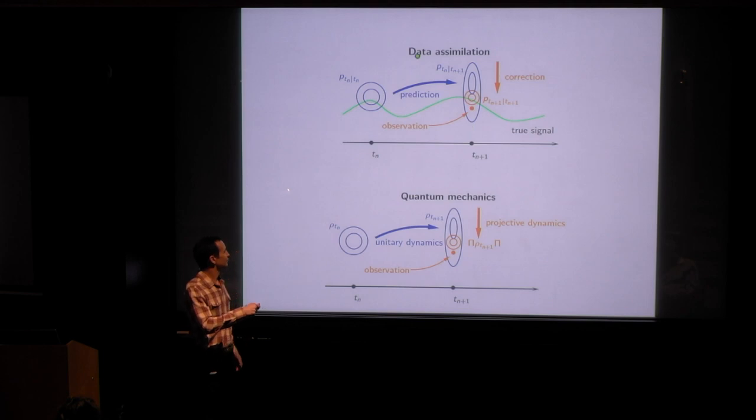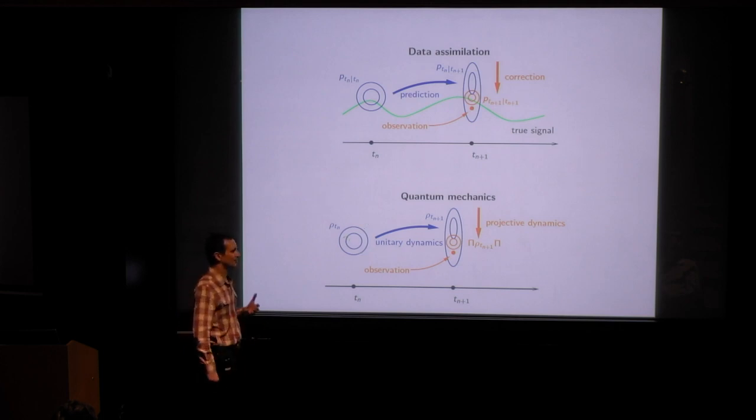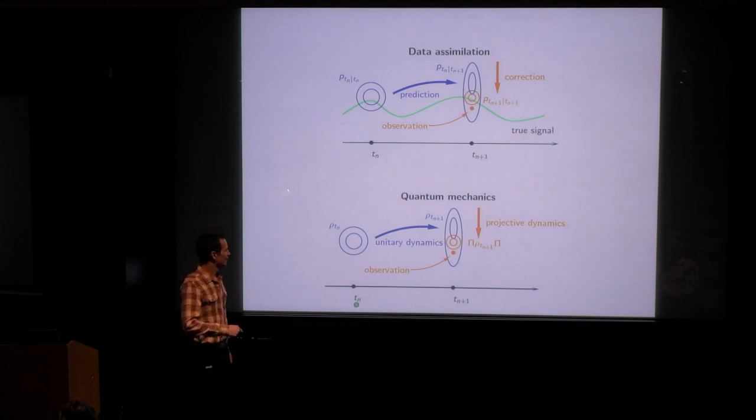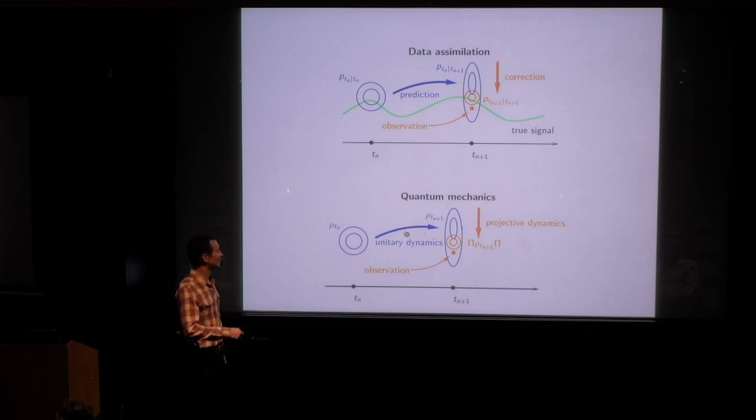Now, conceptually, at least as a qualitative picture, the data assimilation procedure resembles some aspects of another highly successful theory in modern science, namely quantum mechanics. In quantum mechanics, one characterizes the state of a system by something called the density operator. I will describe this in more detail later on. There is a dynamical flow, some unitary dynamics by the Heisenberg evolution operator, that advances this density operator or density matrix between measurements.